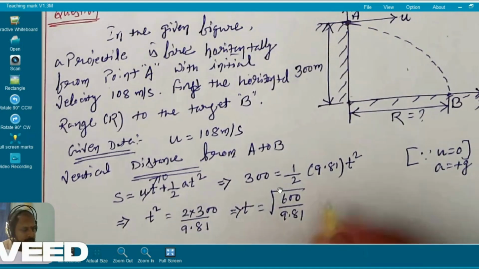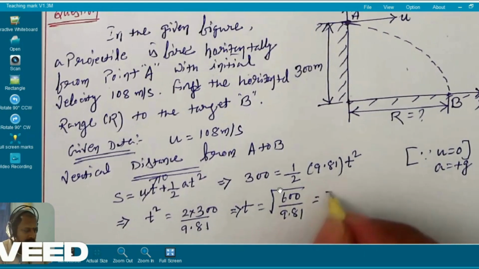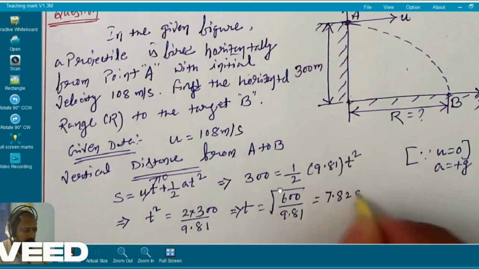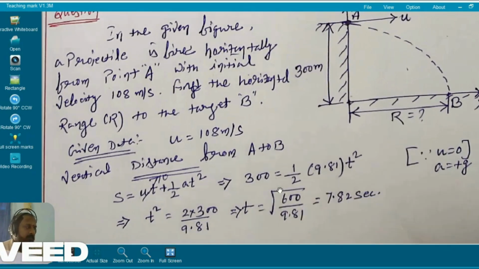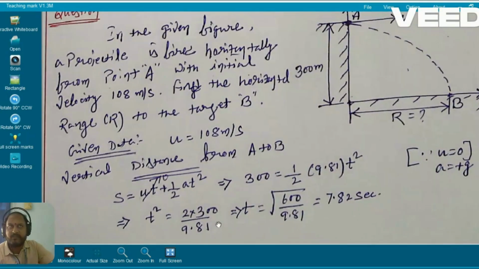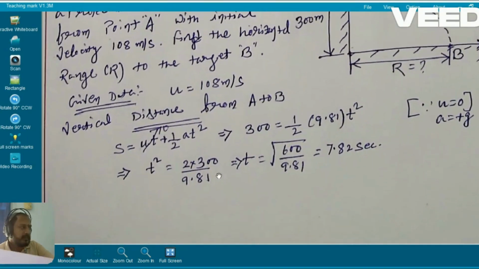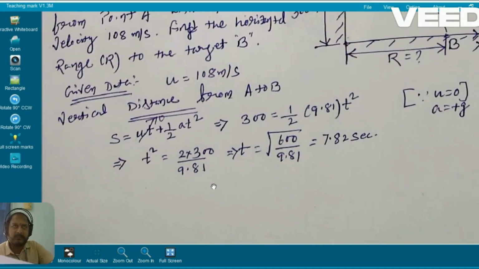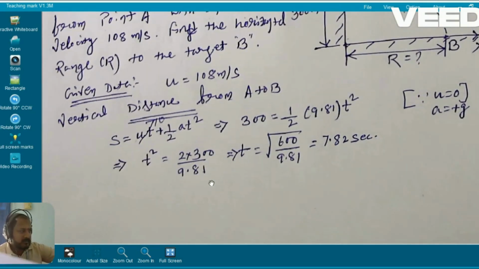Okay, so which is equal to, after calculation we will get T as 7.82 seconds. Okay, so we have to find out what is the horizontal range, but we have found out what is the time taken by the projectile to reach to point B. So this particular problem we have divided into two parts. One is the vertical distance, the other is the horizontal distance.